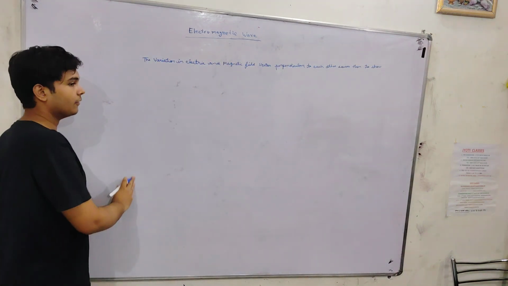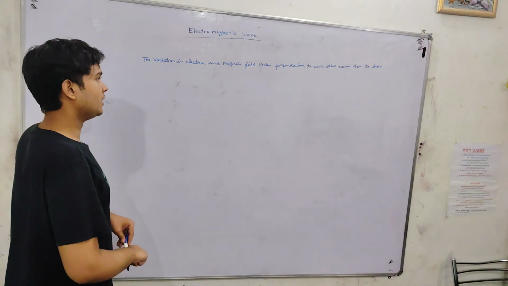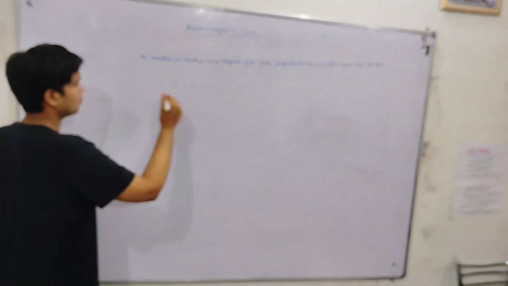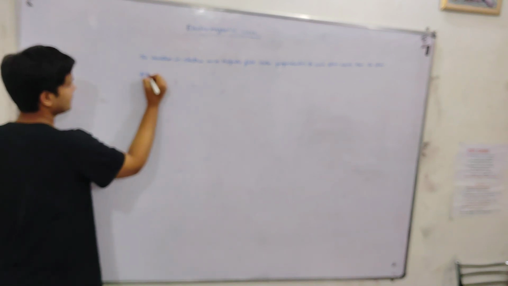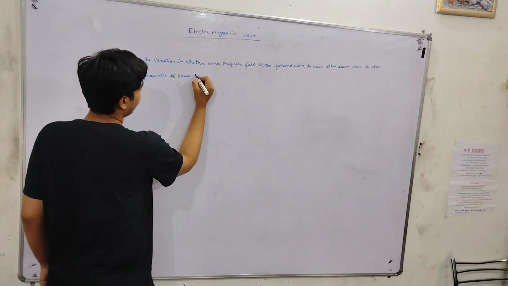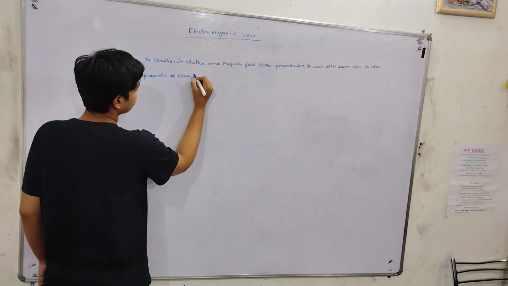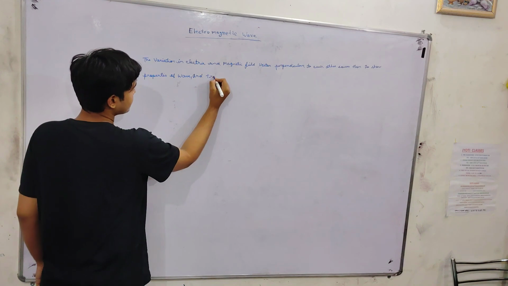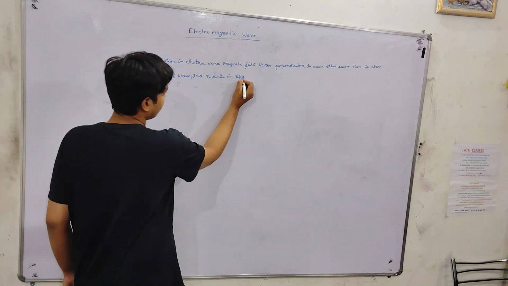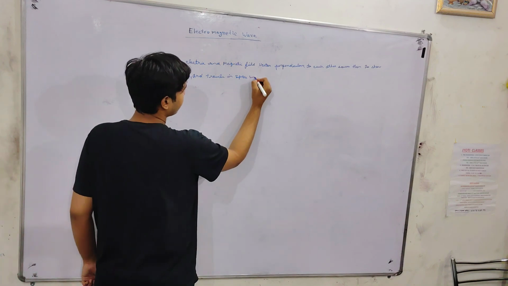What are the properties? The properties of wave are that it does not need any medium to travel in space. It starts showing properties of wave and travels in space without any medium.